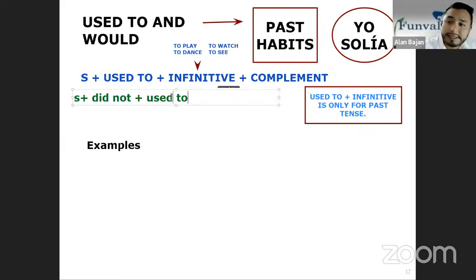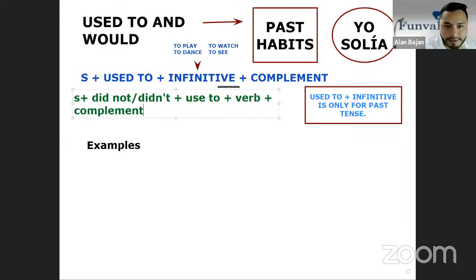I will delete the D because I already have my auxiliary, right? Did not or didn't plus verb plus complement. Okay?